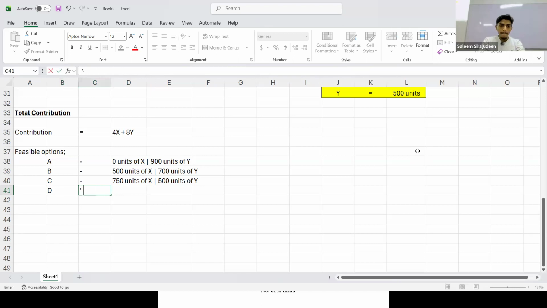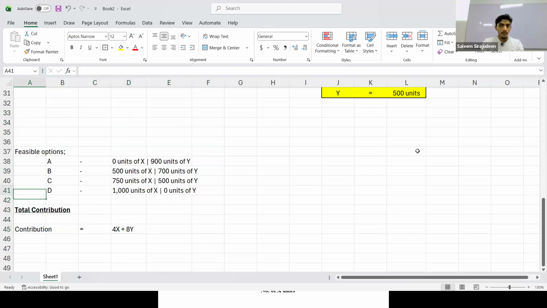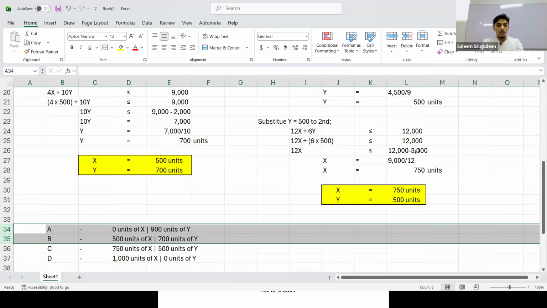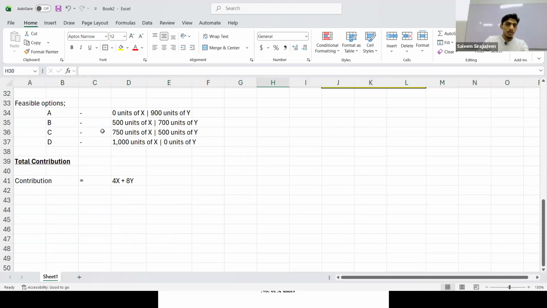Point D. Don't make the errors. 1,000 units of X, 0 units of Y. So these are the feasible options you have, correct? Okay. So feasible options done.